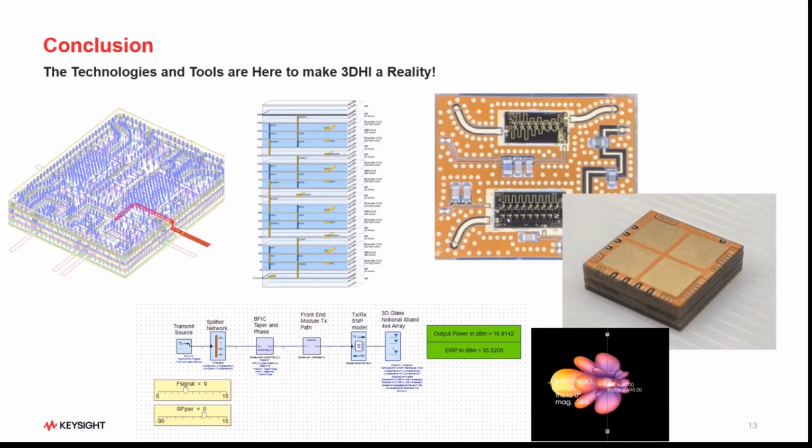You saw how a design kit for that same technology in ADS could be incorporated along with behavioral models of circuits or even actual circuit level models if you're doing the circuit design yourselves, and pulled together inside of the RF Pro tool to do a full hybrid electromagnetic and circuit simulation. And finally, we talked about how partitioning your design, but keeping the accuracy of those models, allows you to very quickly extrapolate those individual 3D HI stacks into a complete phased array system, giving you all the capabilities of 3D HI for phased array applications.